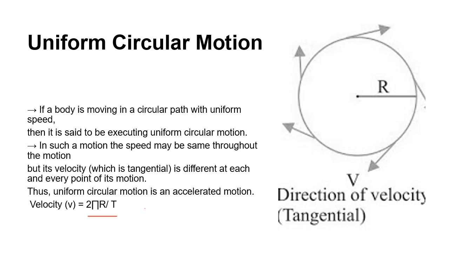We know the formula for calculating velocity. Velocity is equal to displacement divided by time taken. So what is the displacement here? The circumference of this entire circle, 2 pi r. This is your displacement divided by time taken. Then what is the SI unit? Again, it is meter per second.